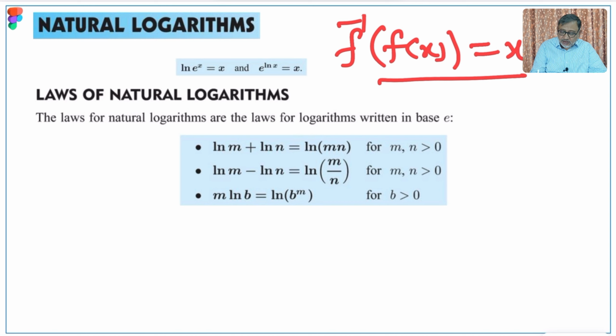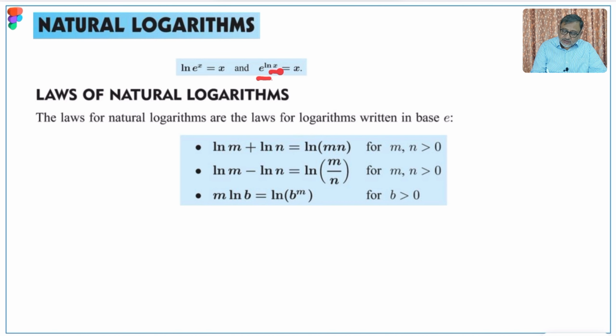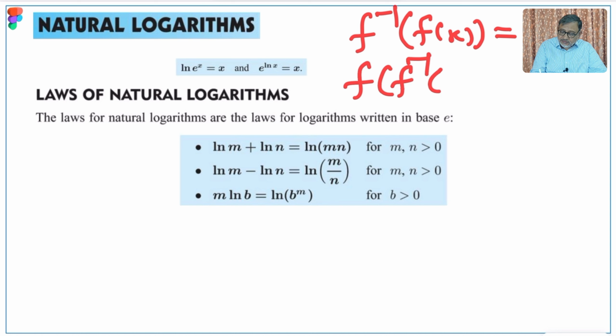In the same way, e raised to ln of x becomes x. So one is f inverse of f of x equal to x, and f of f inverse of x is equal to x. These are the two examples.